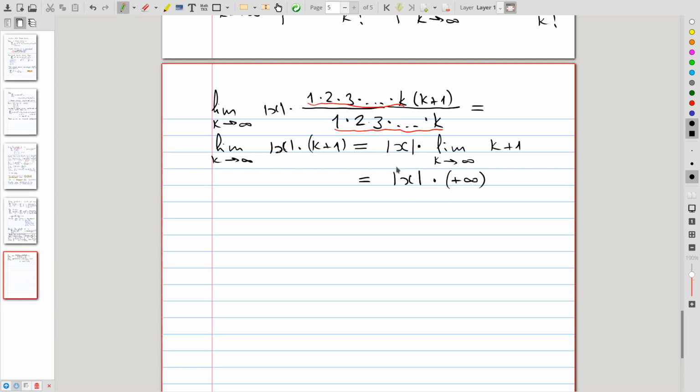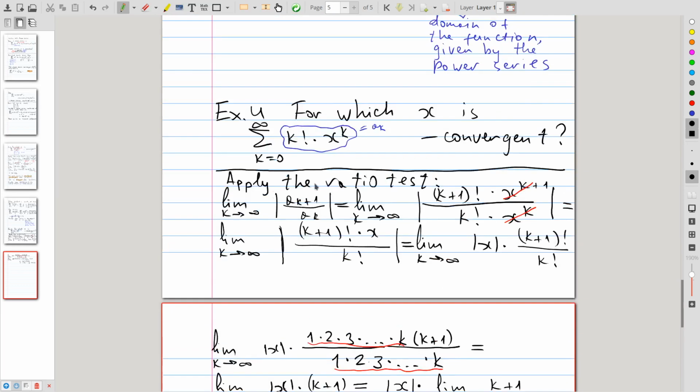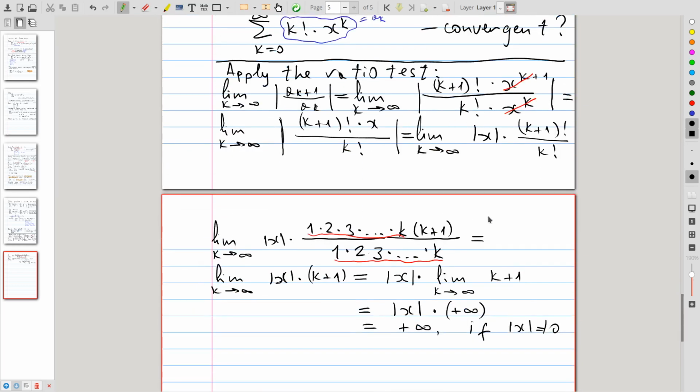So the only possibility for this number not to be infinite is for absolute value of x to be 0. So this is equal to plus infinity if absolute value x is not equal to 0. Okay, and since we were applying the ratio test, it follows that for all the x's that are not 0, the value of this limit is plus infinity.